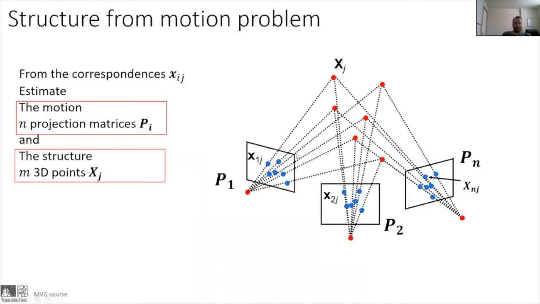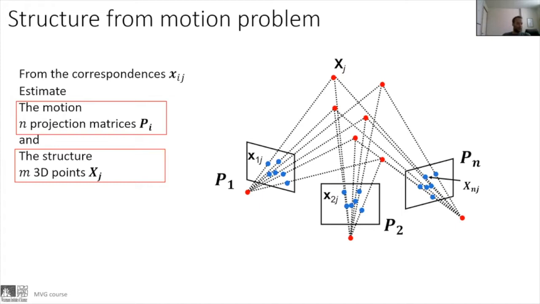So the structure from motion problem you already should be familiar with. So the problem is, given the 2D projection of a 3D scene and the motion of the camera, we want to reconstruct the camera matrices and the 3D points.